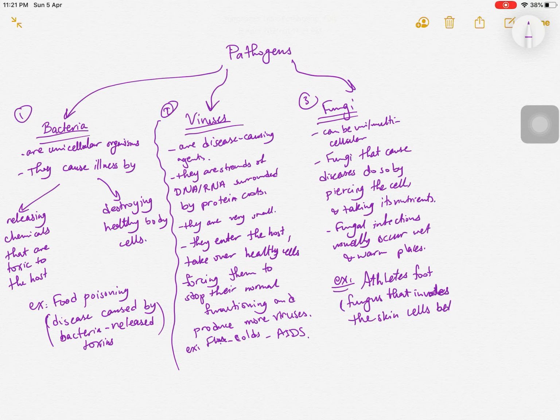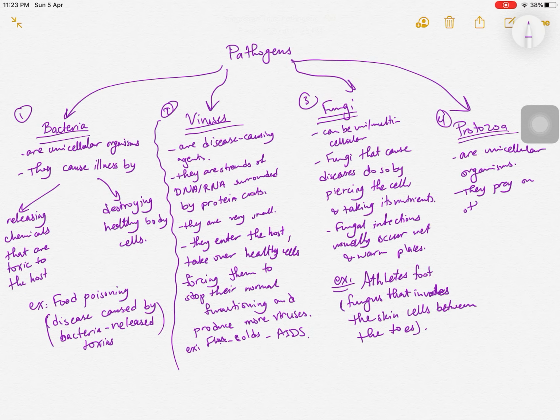Now, these protozoa, as we said, are unicellular organisms. They prey on other cells, and just like viruses, they need healthy cells to complete their life cycle.